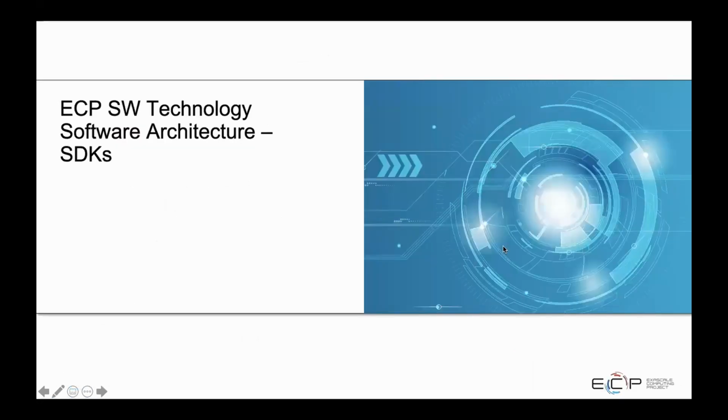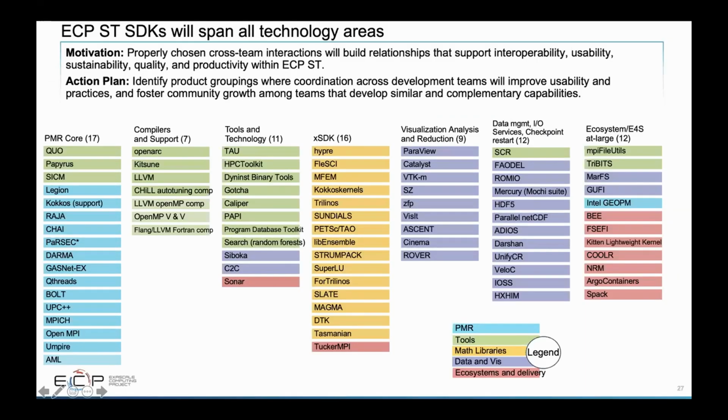So with this, we are building all of the E4S products across the different areas, such as programming models and runtime, compilers and support with LLVM, tools and technology, which includes TAU, HPCToolkit, xSDK or the math libraries, visualization products like ParaView, Ascent, VisIt, data management and I/O libraries, including HDF5, Parallel NetCDF, and then there are other packages that you can see over here across different SDKs.